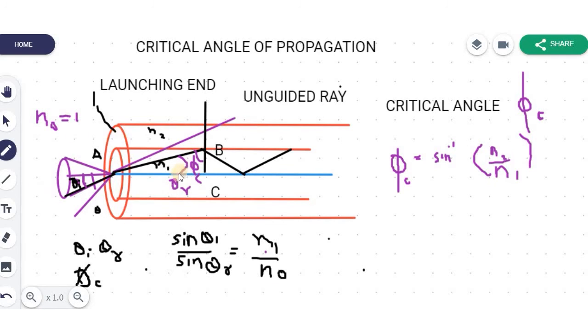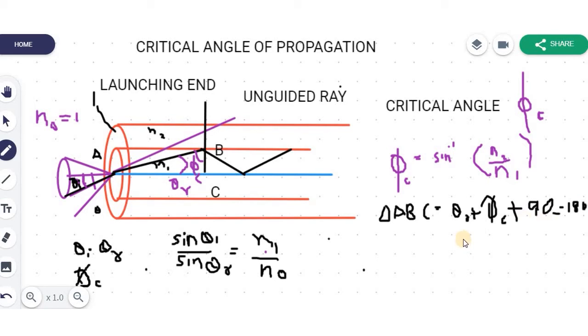And what is sin theta r? What is this angle theta r? If we assume the triangle ABC, from triangle ABC, theta r plus phi c plus 90 is equal to 180 degrees, right?